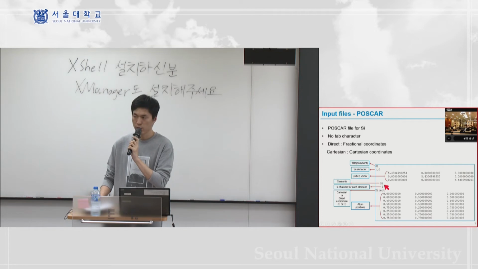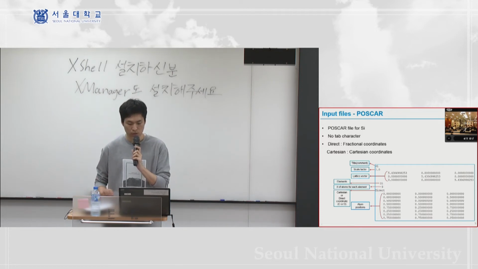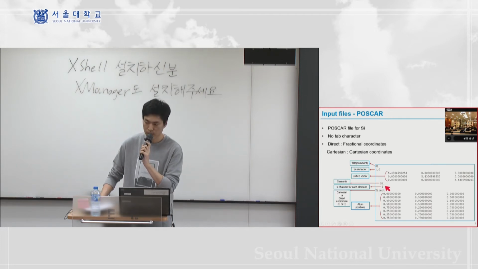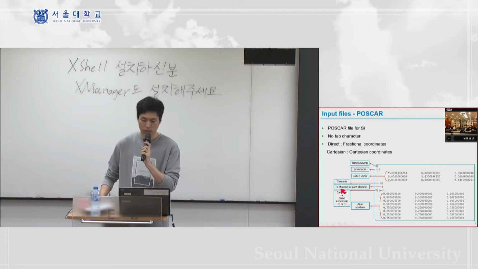So in this system we have only one element, but if we have several elements, we have to write them all in this line, separated by spaces. And the next line indicates that there are 8 atoms of silicon in this system. So this is the number of atoms for each element.